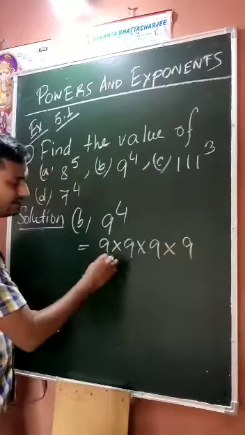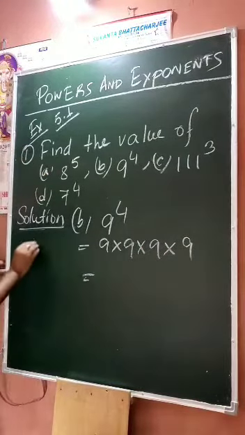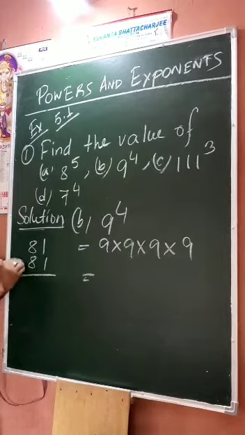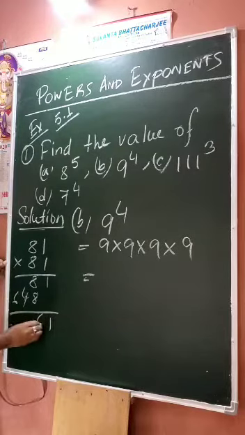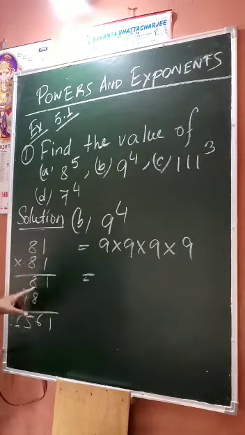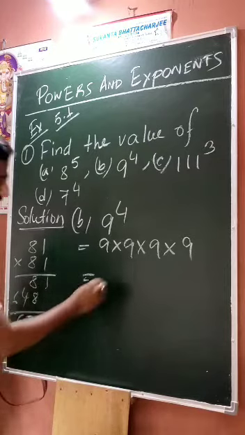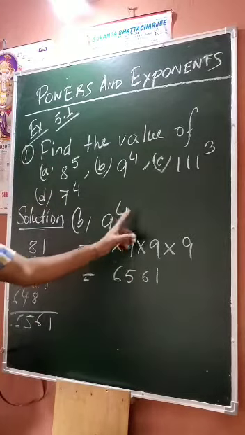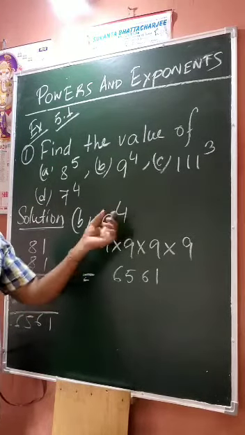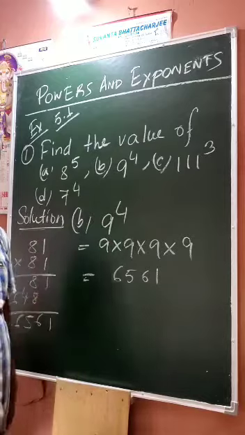Okay, so 9 9s are 81, again 9 9s are 81, so you can multiply 81 into 81, which gives 6561. 9 to the power 4 means 9 is the base, 4 is the exponent, that means 9 is multiplied 4 times.